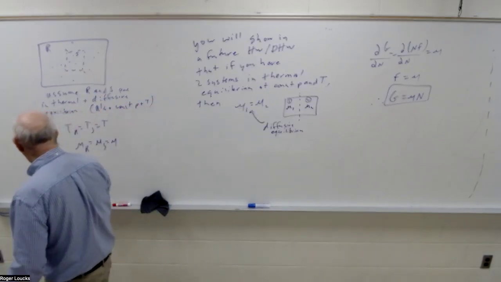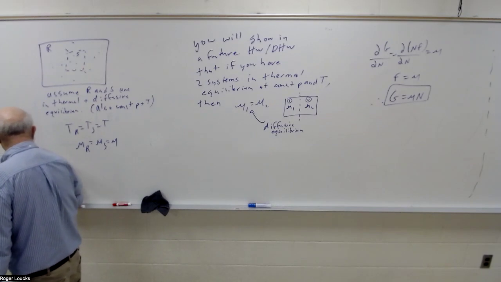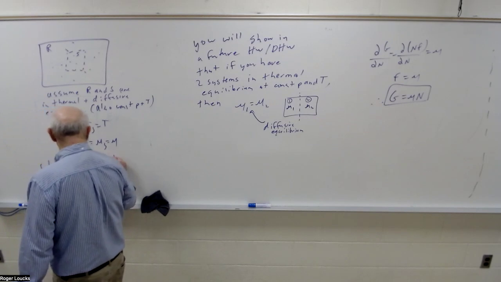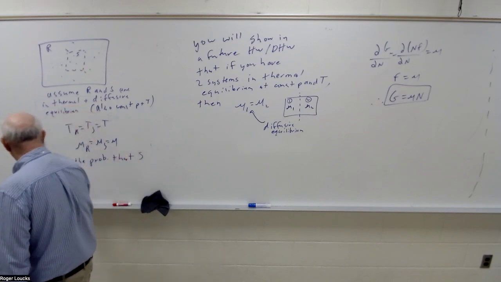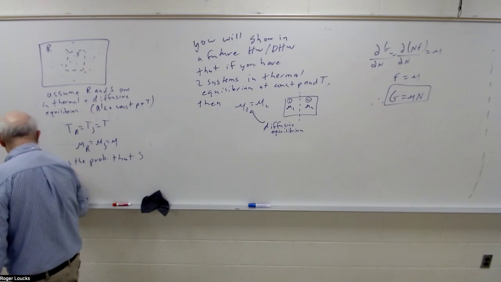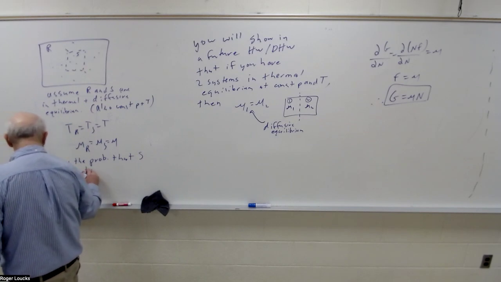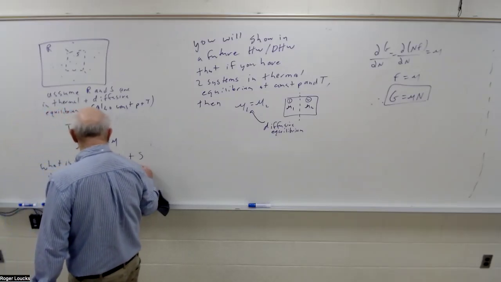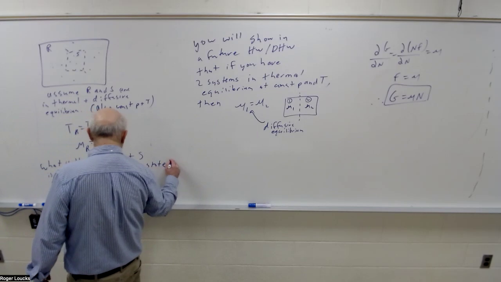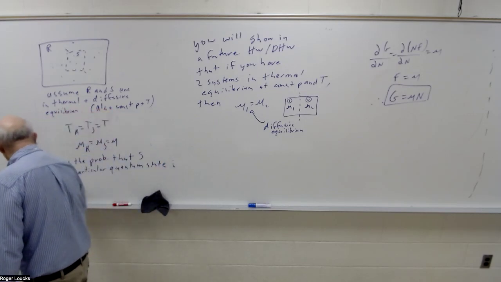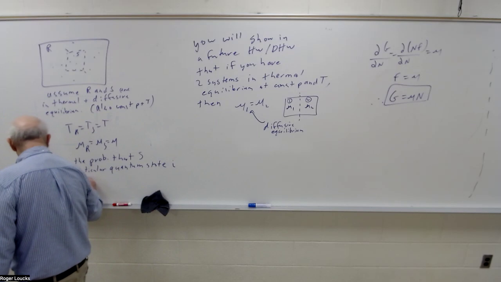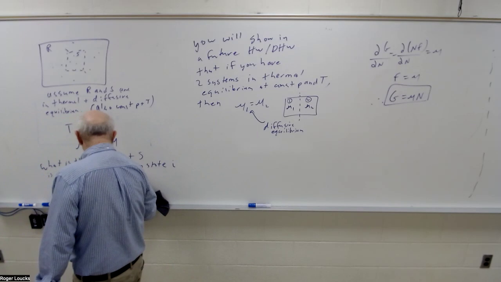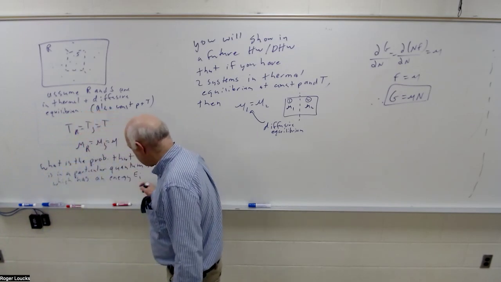So let's ask, what is the probability that S is in a particular quantum state I, which has an energy, I'll say E sub I. This is really my E sub S value.